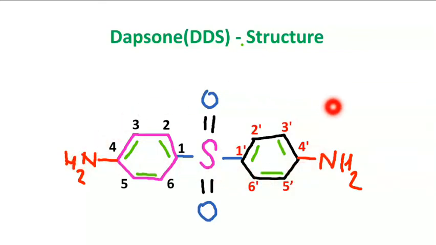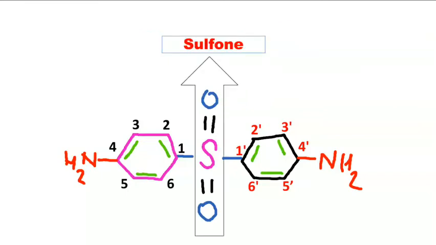If you see the structure, we have numbered it. You get the amino group on the 4th position and on the 4 dash position, and the benzene or phenyl rings are present in the structure. If you number the structure, you can easily give the name to the structure. First you have to remember it is a sulfone structure.